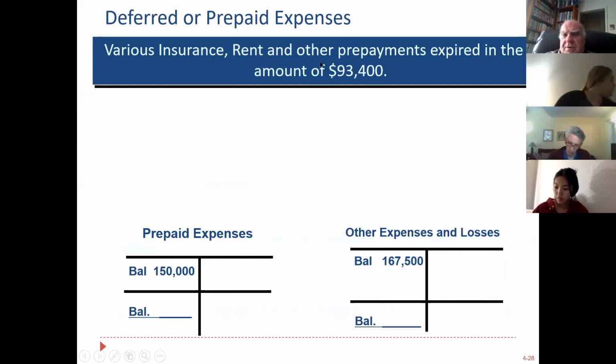Various insurance, rent, and other things expired. Expired means dead, right? Expired means used. That is the expense, not the balance at the end. They like to trick you with that, okay? That's how much they used of this prepaid. So how much was there before?